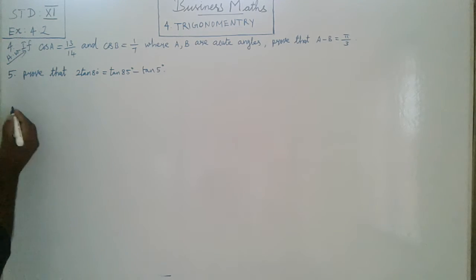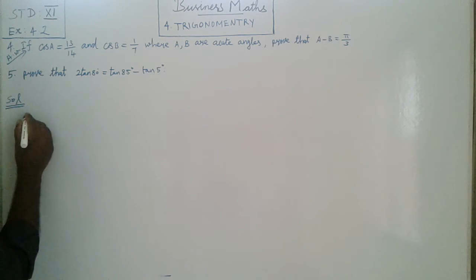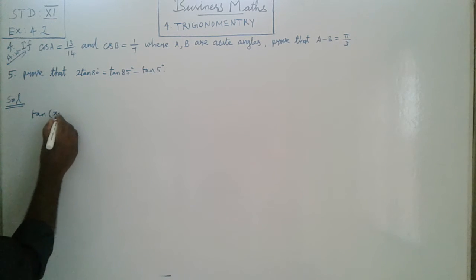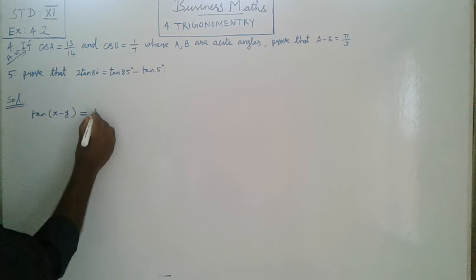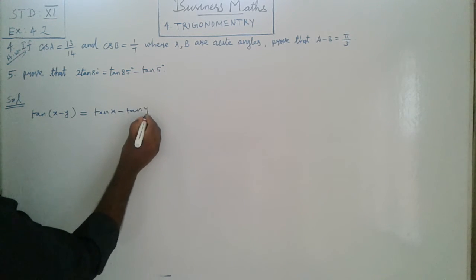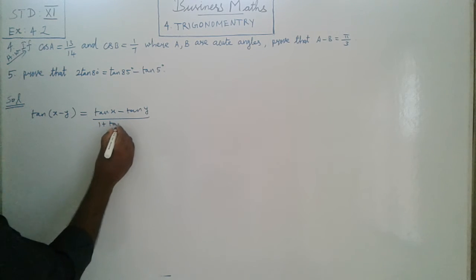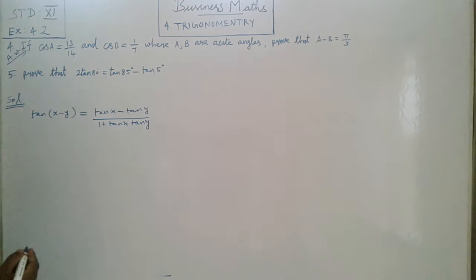So we should prove. Solution. First one, now we know the formula tan x minus y equal to tan x minus tan y divided by 1 plus tan x into tan y. This is the formula.